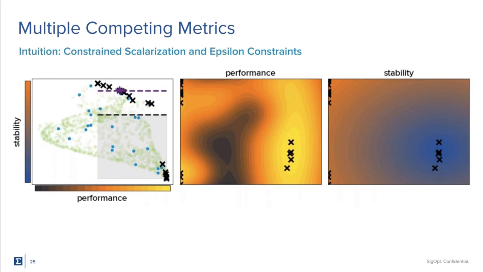This can be further extended by putting explicit constraints on the space, on the metric space itself, saying things like, I only care about accuracy versus inference time when inference time is above a certain level, or in this case, I care about performance throughout the entire spectrum of potential outputs, but there's a minimum level of stability that I'm willing to consider.